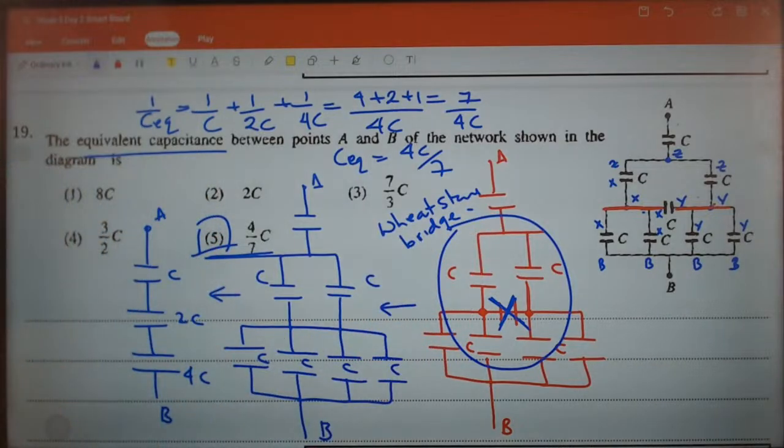Once it is a Wheatstone bridge, you can remove the center capacitor.